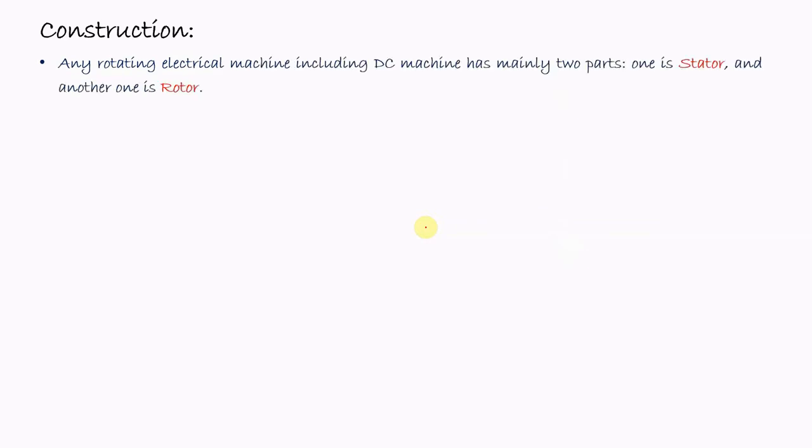So depending upon this requirement, any rotating electrical machine, including the DC machine, is mainly of two parts. The first one is called the stator and the other is called the rotor. The stator and rotor are separated from each other by the air gap. That means there should be some gap between the stator and the rotor.